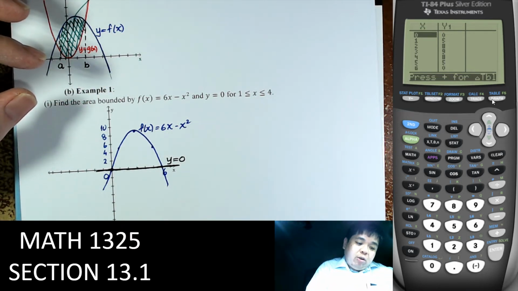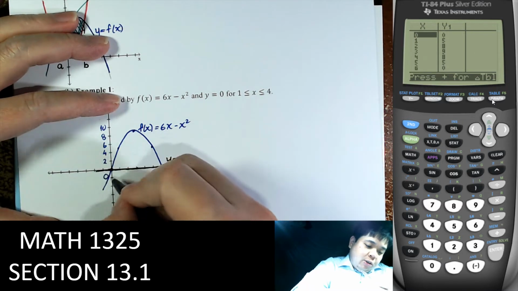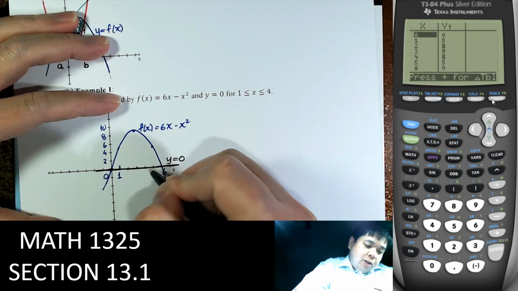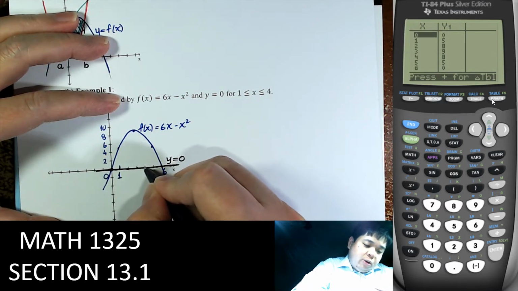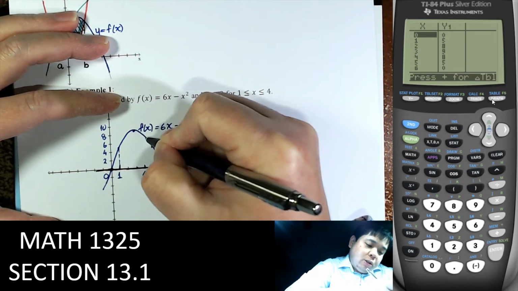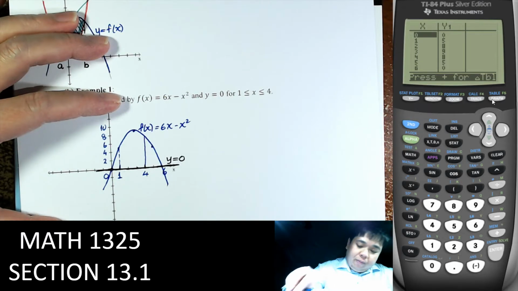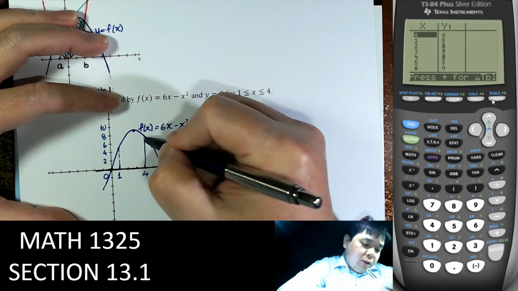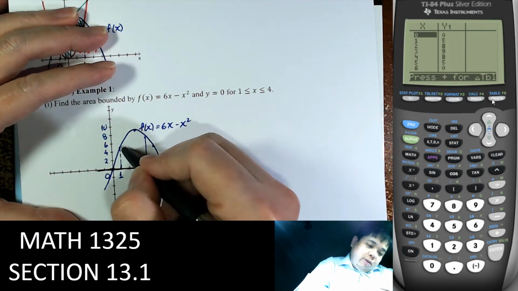And now we want the area from 1 to 4. So 1 to 1, 2, 3, 4. So we are asked to find this area.